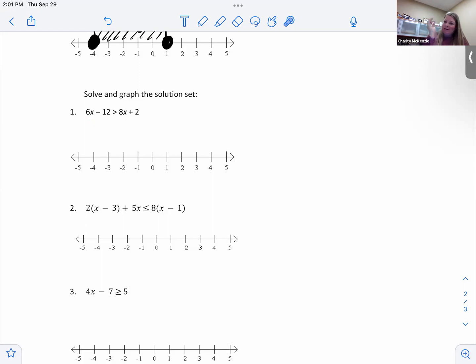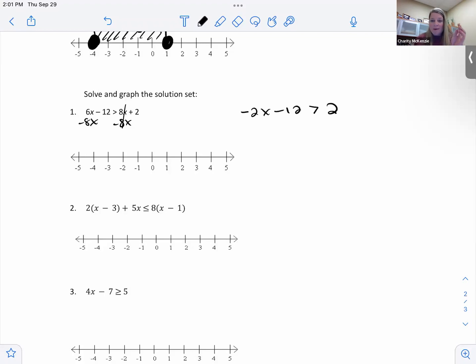So that it's pointing you in the direction. So I always go to the left, and that's what I'll do here. So I'm going to minus the 8x, minus the 8x. So now I have -2x minus 12 is greater than 2, right? Because this goes away here. And that's where we're at now.